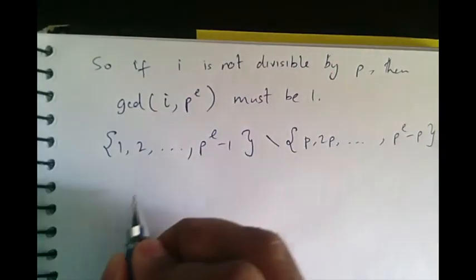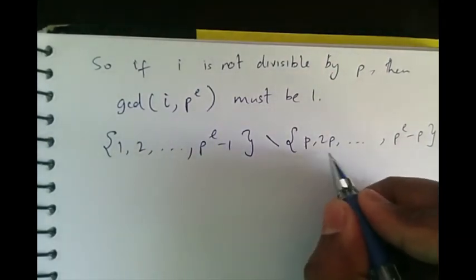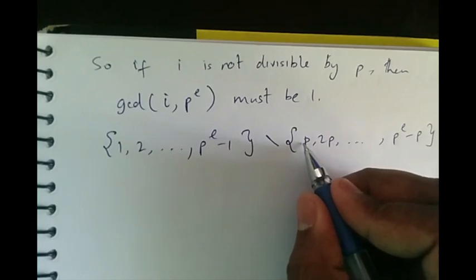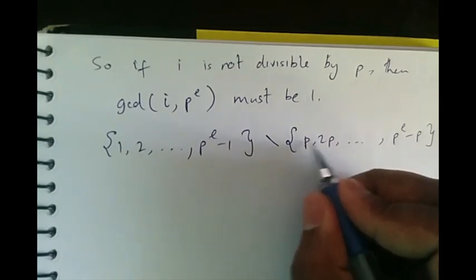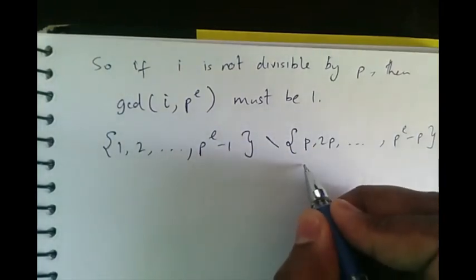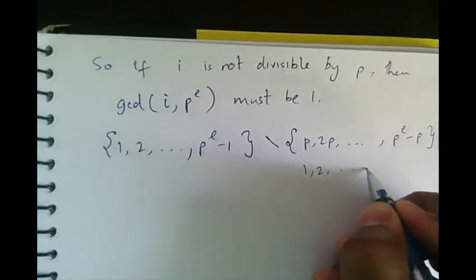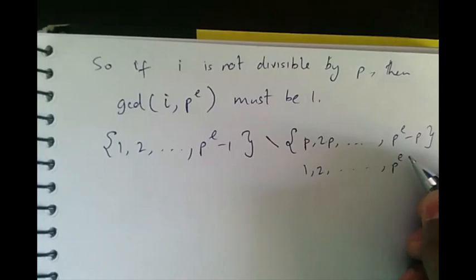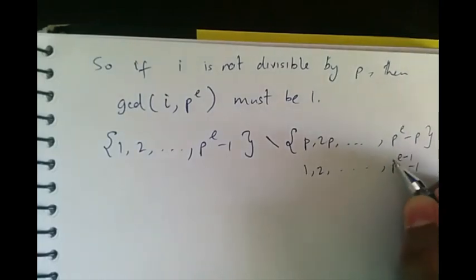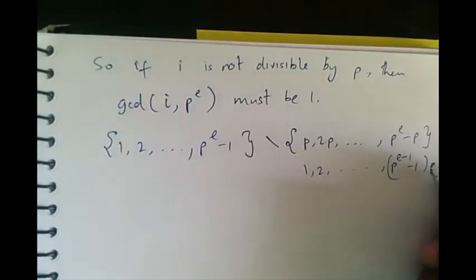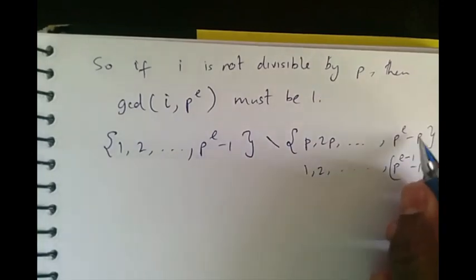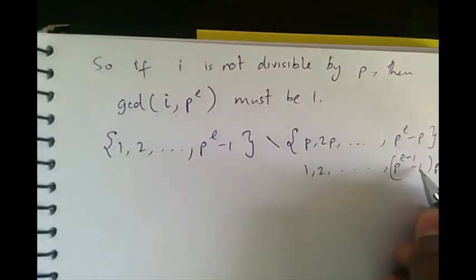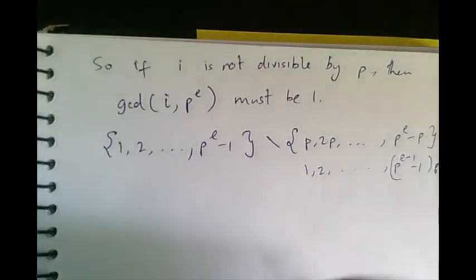So the multiplier here is ranging from 1 to p to the e minus 1 times p, right? If I take p common here, it will be p to the e minus 1 minus 1.